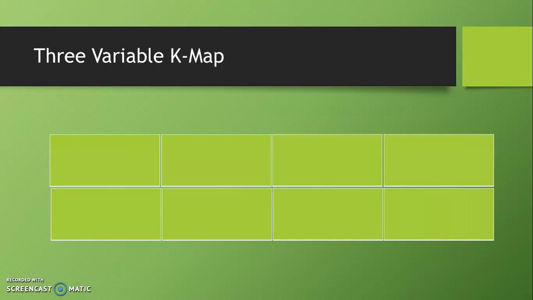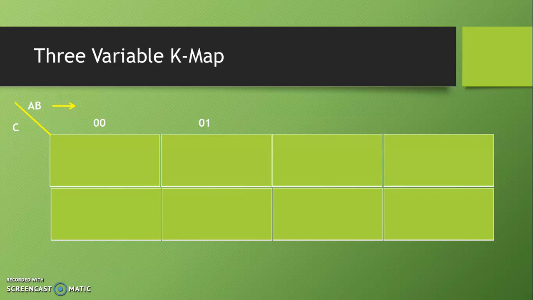So this is a total of 8 cells for the 3 variables. We take AB on the horizontal side and C on the vertical side. So for AB, if we write the equivalent number, then we can write 0 0, 0 1.